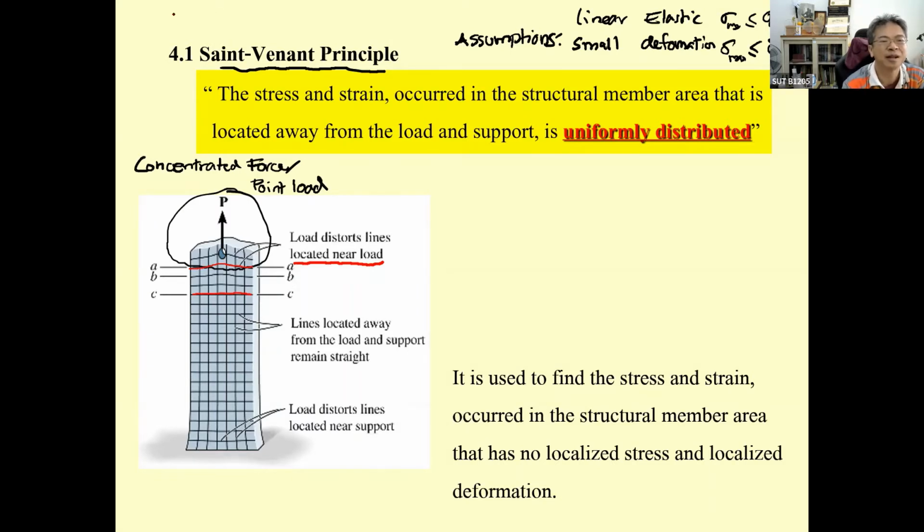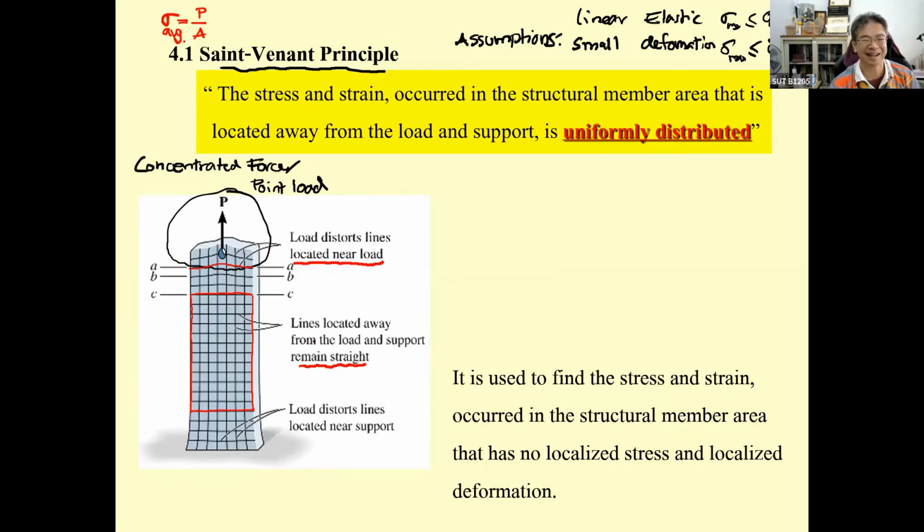Why? Because we said the stress is equal to P over A. So the stress distribution must be averaged, and most of the time it must be equally distributed. When it's equally distributed, the deformation of the structure will remain straight.